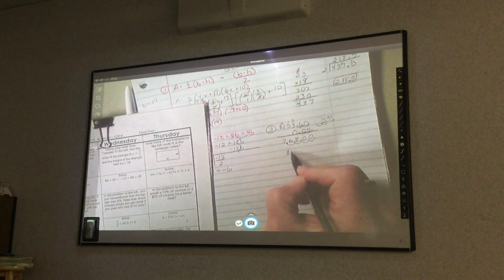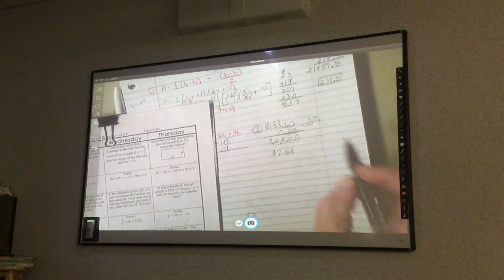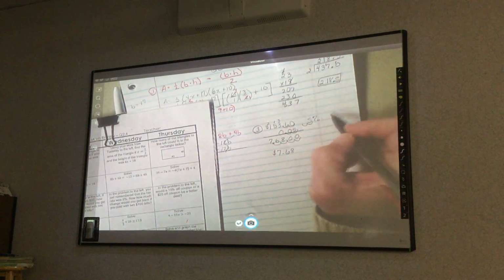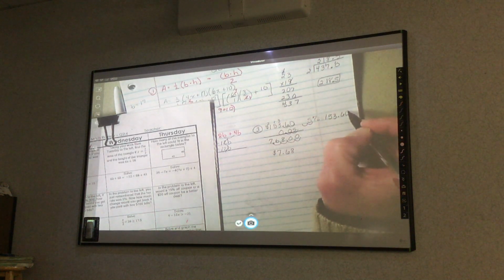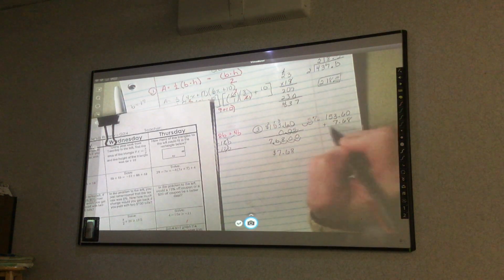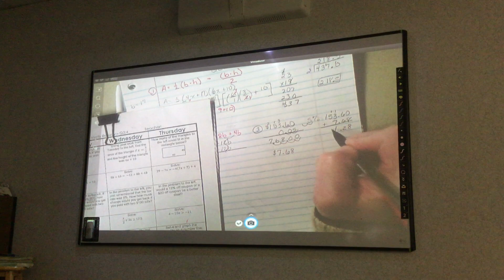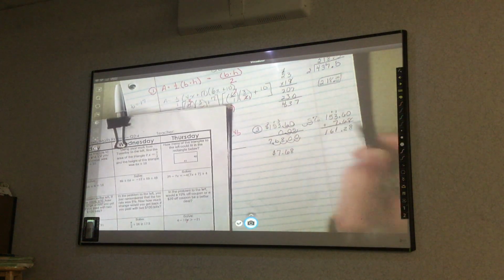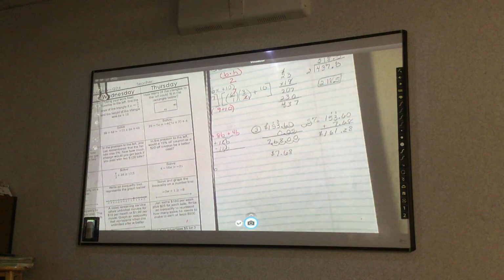So sales tax is going to be $7.68. I have to add that to my $153.60 of what it's going to cost for my tiles. And I get $161.28. So that's the total cost now for my tile.